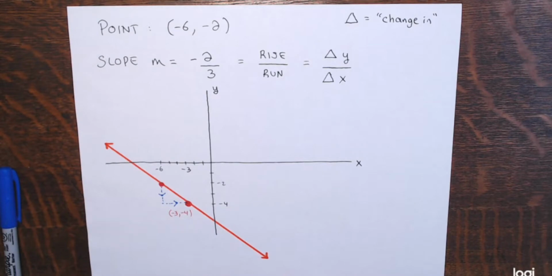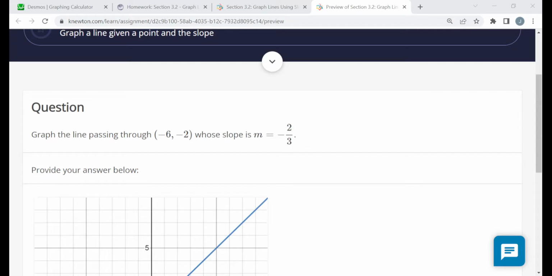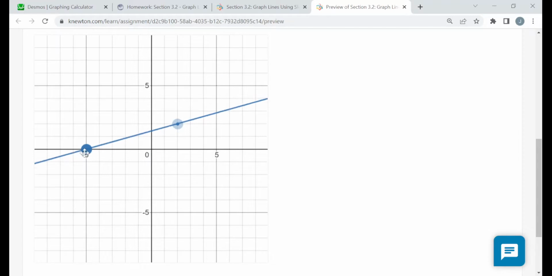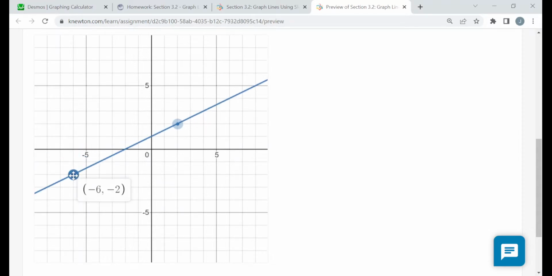So back on the assignment, we're just asked to move these 2 blue points around with our cursor. One of those points was at negative 6, negative 2, and you can even click on the point and it'll show you the coordinates. That was one of the points.